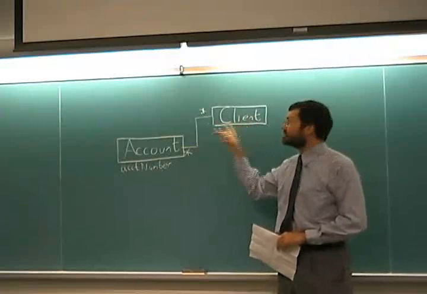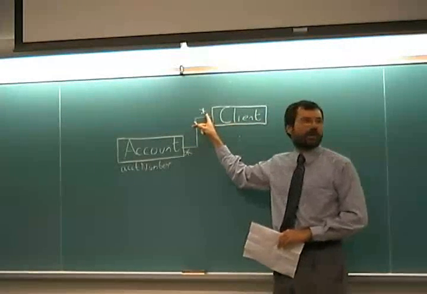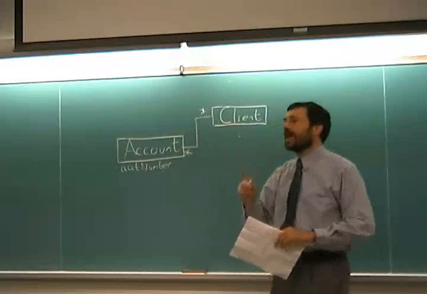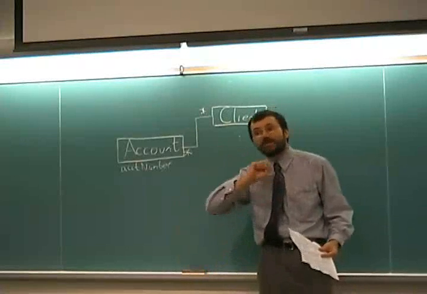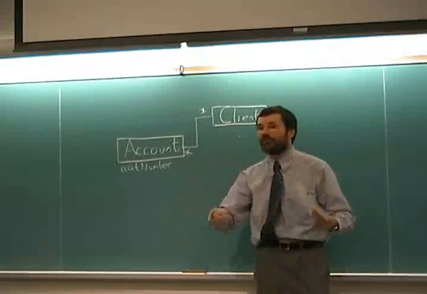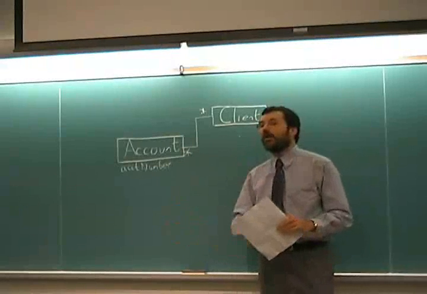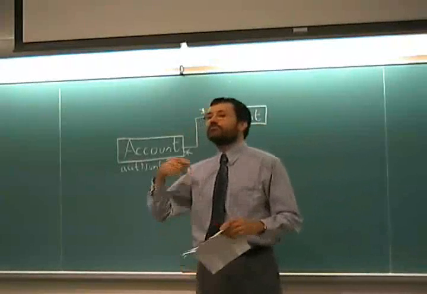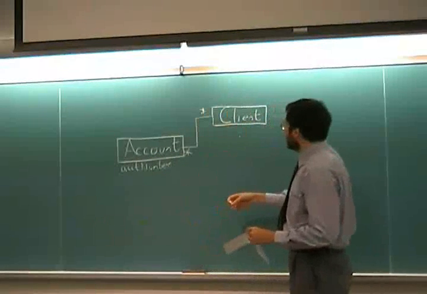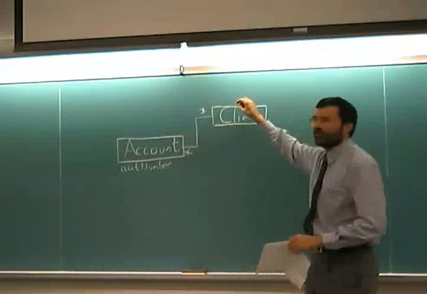How many people think we should allow 0 there? Okay, we want to allow 0 in cases where, for example, when you first set something up, the 0 might make sense for a short period of time, for a few minutes, a few hours, or something like that. Or there could at some point during the lifespan be 0. It seems to me that having an account with no clients seems a bit odd.